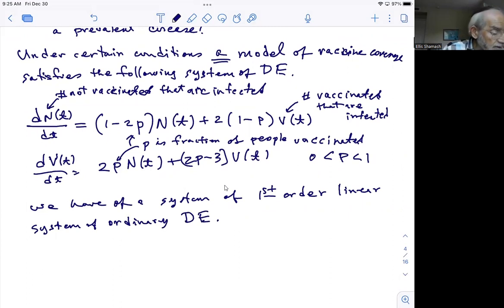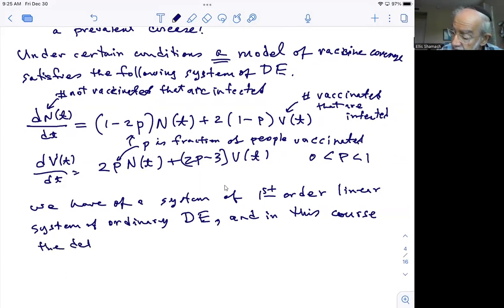And we get into all these terms in a minute. And in this course, the details of solving these types of systems of equations are provided.